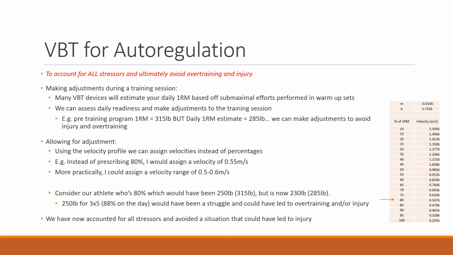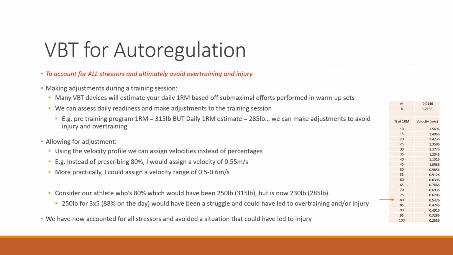So making adjustments during the training session. Many VBT devices will estimate your daily 1RM based off submaximal effort performed in warm-up sets. So we can assess daily readiness and make adjustments to the session. For example, an athlete with a pre-training program 1RM of 315 pounds, but a daily 1RM estimate of 285 pounds, well, now we can make adjustments to avoid injury and overtraining.